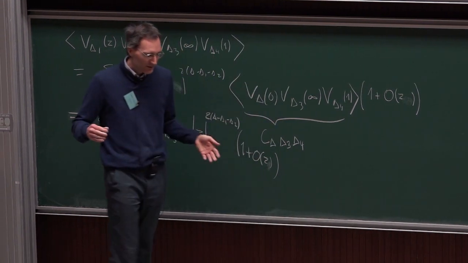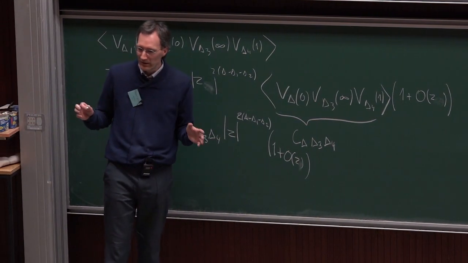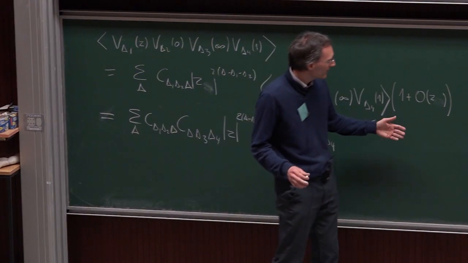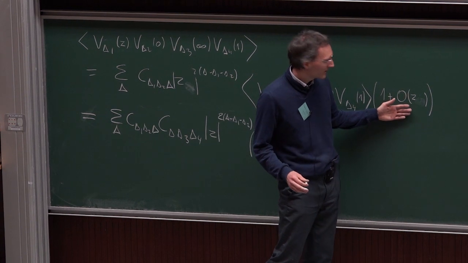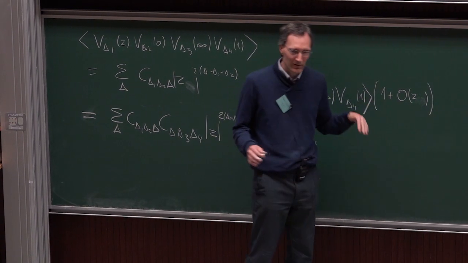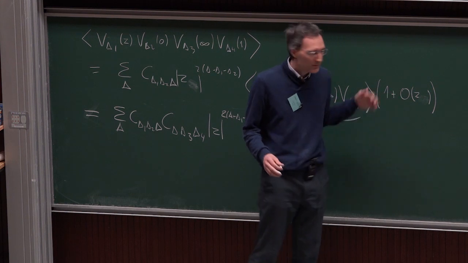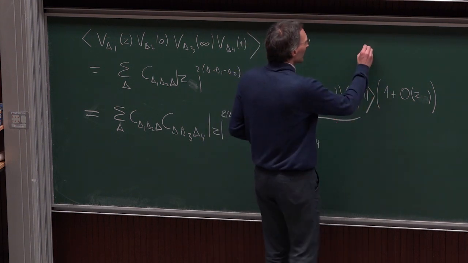But the symmetry algebra factorizes into left-moving and right-moving algebras, and the contribution of descendants also factorizes into z-dependent contributions for the left movers and z-bar dependent contributions for the right movers.